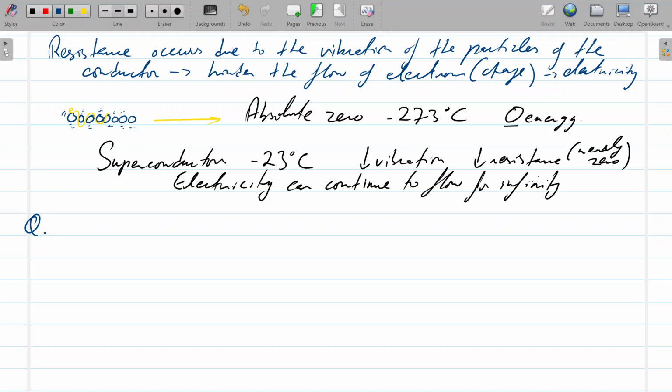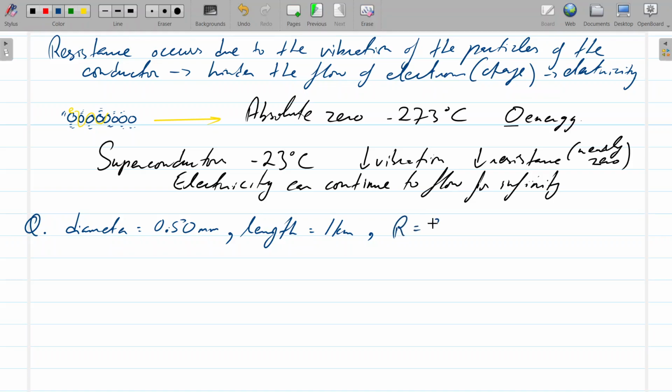So here's a question. You have a copper wire of diameter 0.50 millimeter and a length of 1 kilometer, and the resistance is 84 ohms.